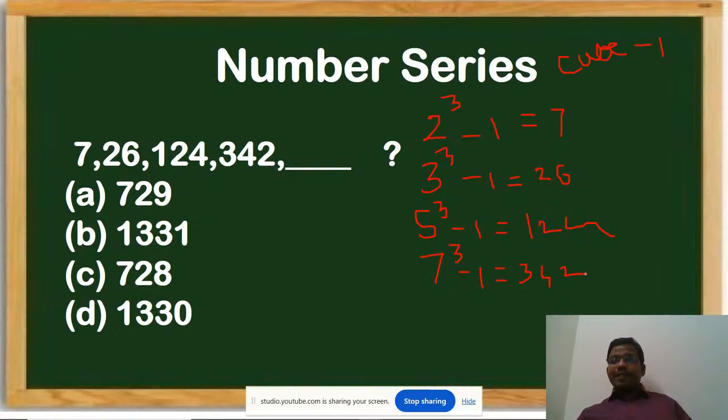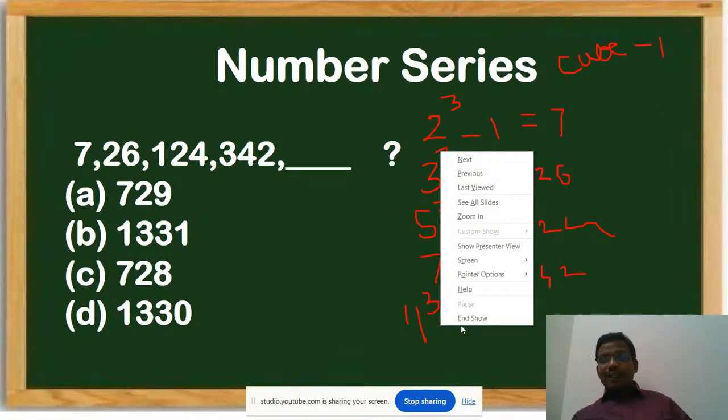Got it? So definitely the next cube should be what? 2 cube, 3 cube, 5 cube, 7 cube. The next cube is not 9 cube. The next cube is the 11 cube. So 2, 3, 5, 7 are not odd numbers. 2, 3, 5, 7 are prime numbers.